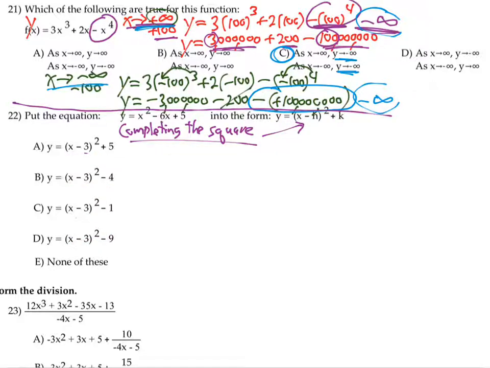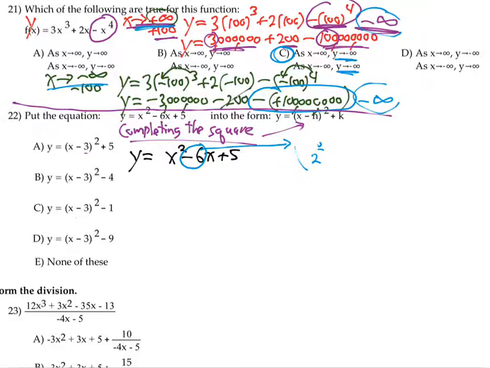How do you know which one it's going to be? Well, here's what you do. You take the original equation, y equals x squared minus 6x plus 5, and you've got to add just the right amount to both sides. How do you know what amount? Well, I gave you a special rule. You take the number in the middle, take it over on the side, and you put it over 2.